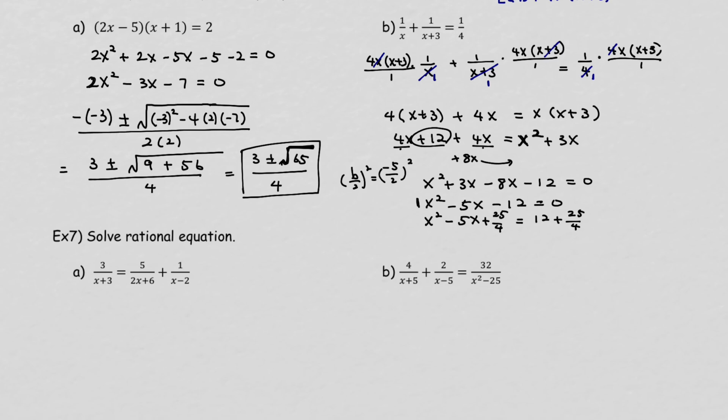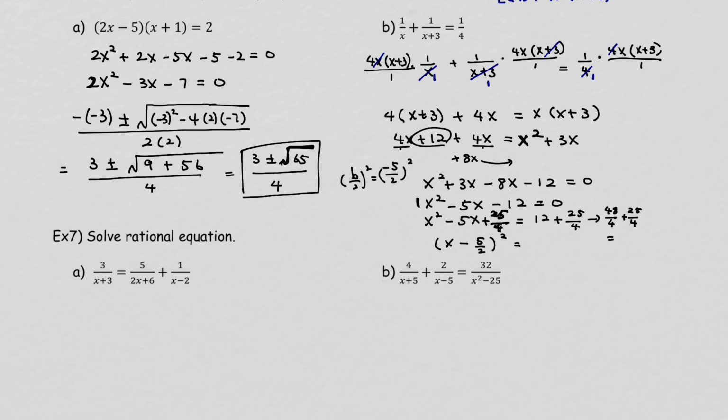So then when I factor this trinomial, I get x minus, right before you square to get 25 over 4. In other words, the square root of that will be 5 over 2, right? Squared is what I'm going to get. And I need to do addition of this. And we know that 12 will become 48 over 4 because I need to have the same denominator, right?